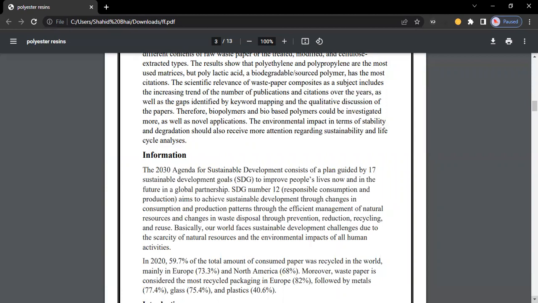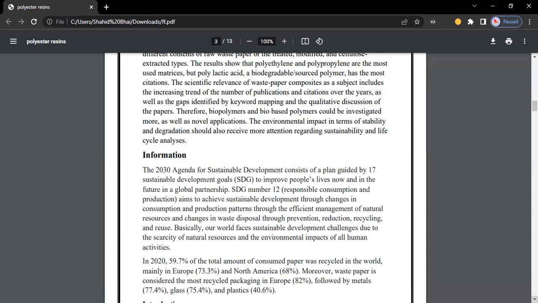The 2030 Agenda, the Sustainable Development Goals (SDGs), aims to improve people's lives now and in the future through global partnership. SDG number 12 is responsible consumption and production.